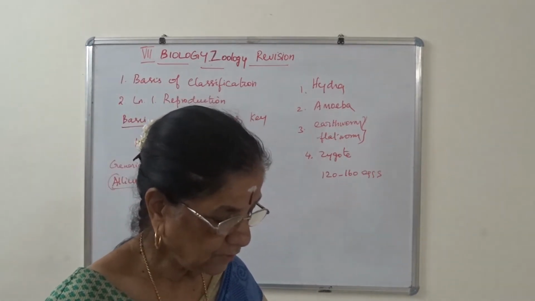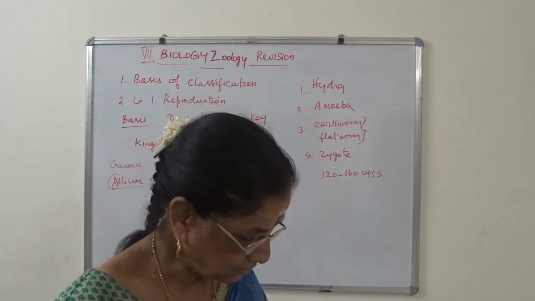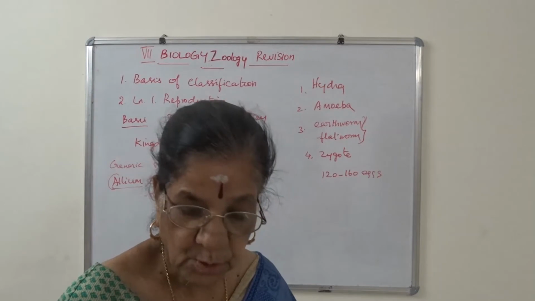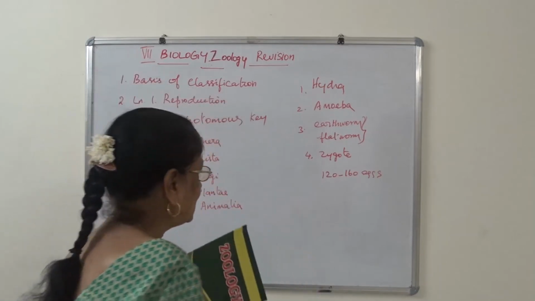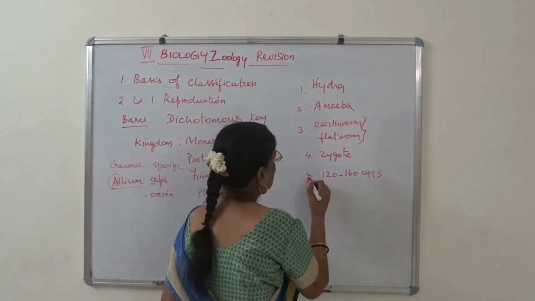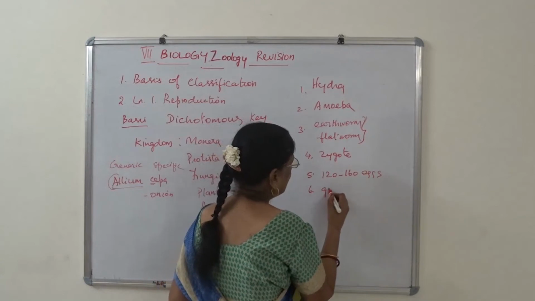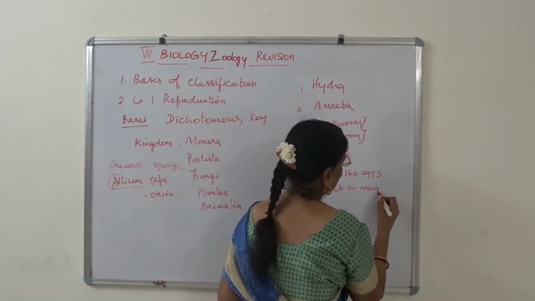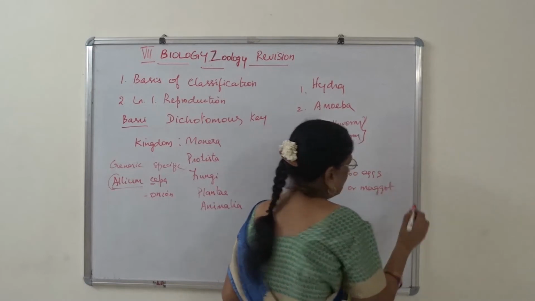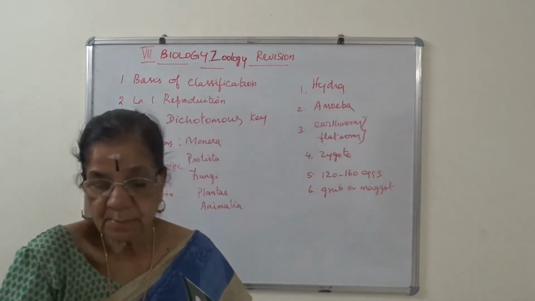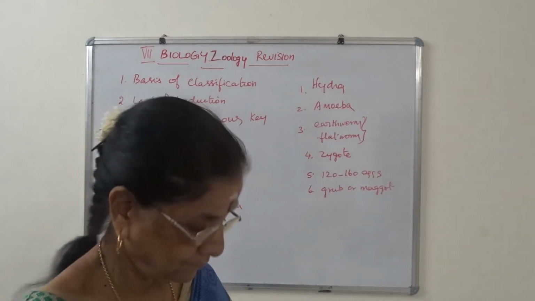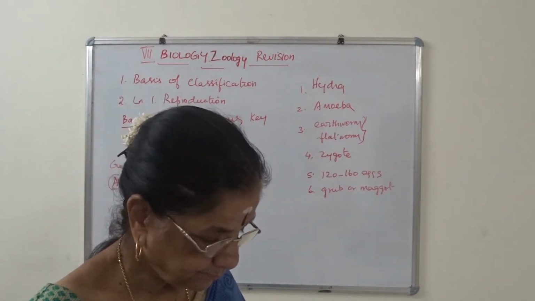Right? Then the larva of housefly is also called grub or maggot. Have you noted? Please take down.